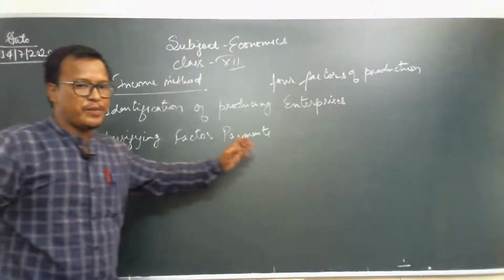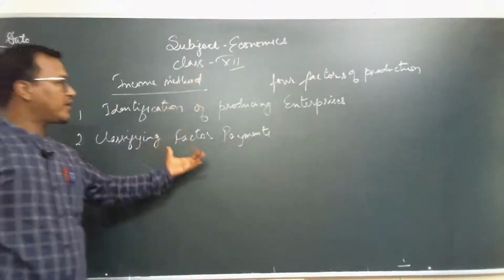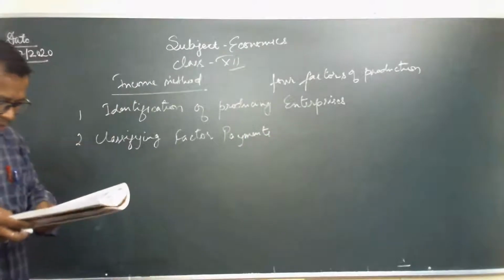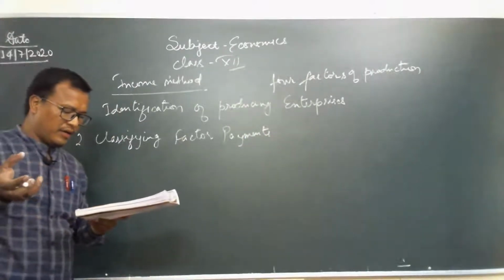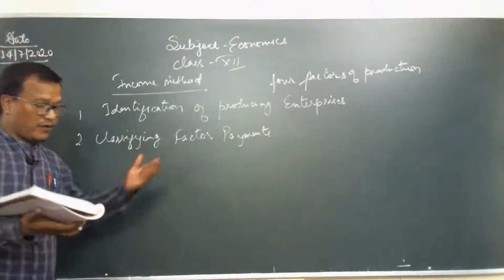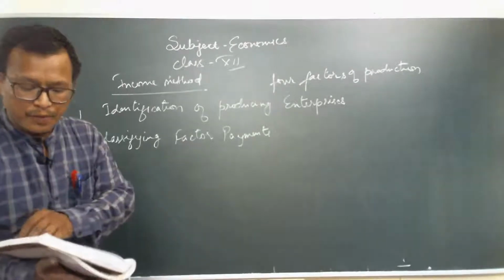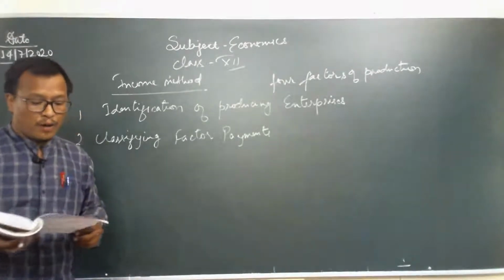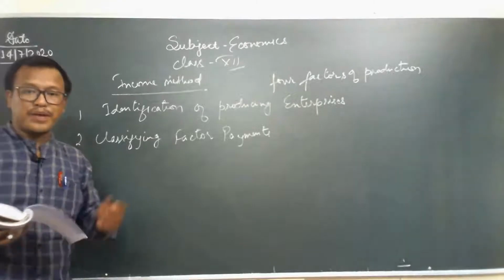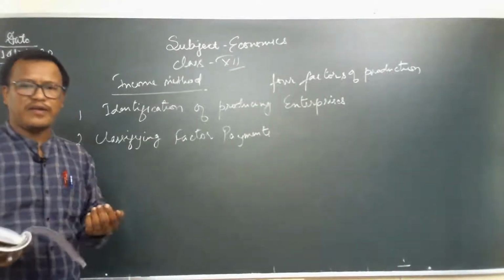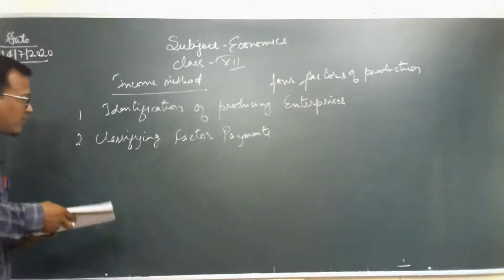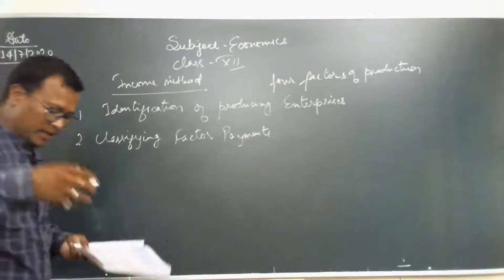So we have to classify the factor payments. For example, compensation of employees, operating surplus, and mixed income of the self-employed. So we have to classify those factor payments in these categories.